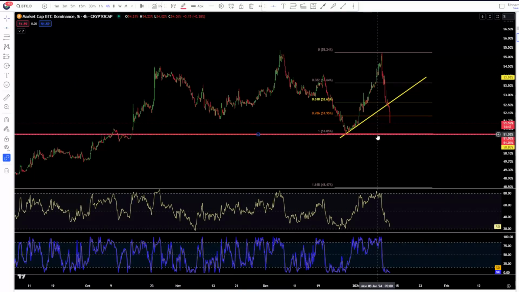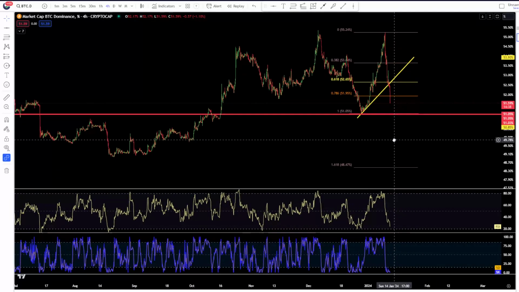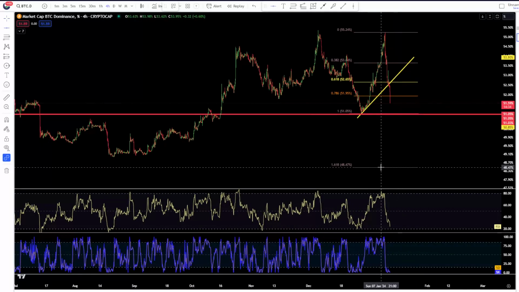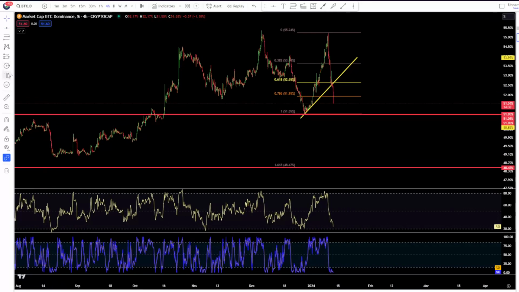However, if this support is broken, we may observe further capital flow and, consequently, a return to the area of the next important support at the level of 48.47%.